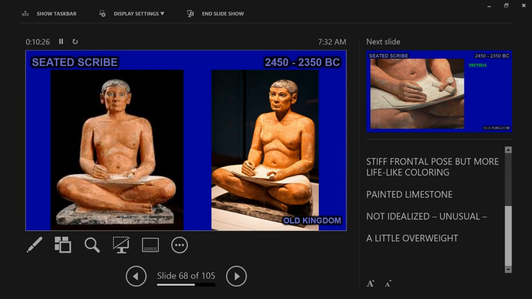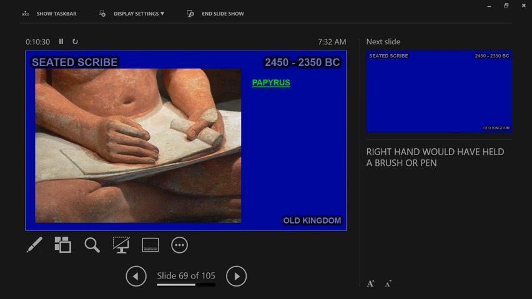He's slightly overweight. His right hand would have held a brush or a pen, and what he's writing on is papyrus. It's a type of paper made from reeds.